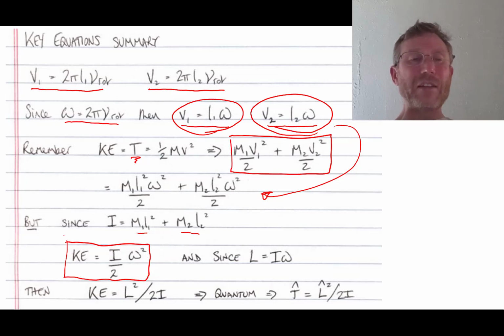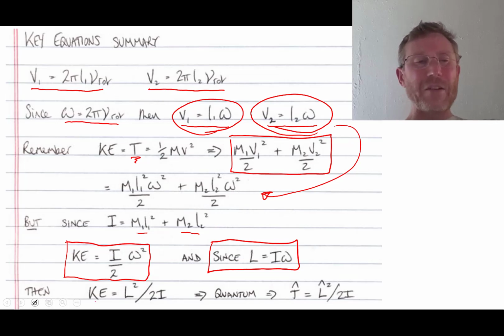So the kinetic energy now ends up being inertia times omega squared over 2. And since from general physics, capital L, the angular momentum, is equal to I times omega, then finally we end up with a kinetic energy in terms of capital L squared over 2I.